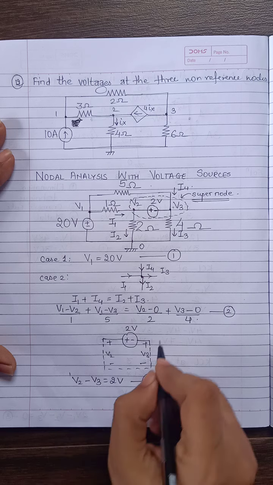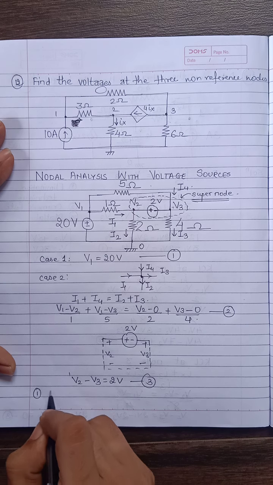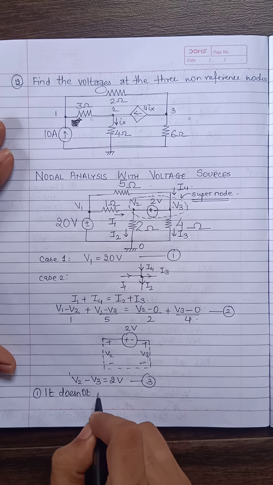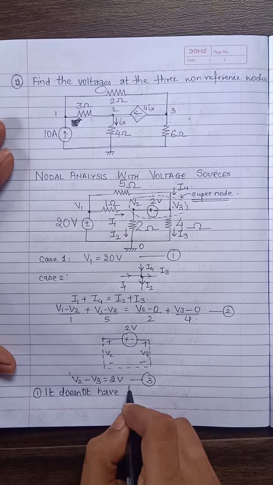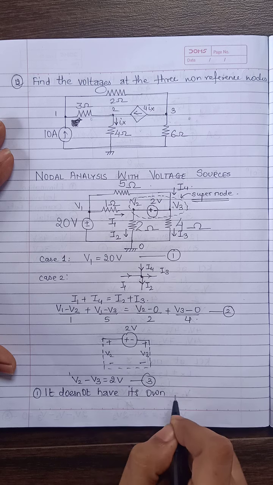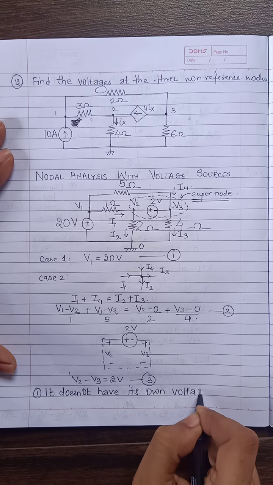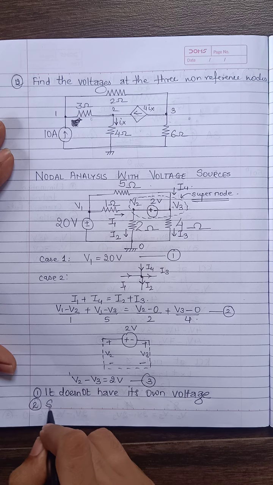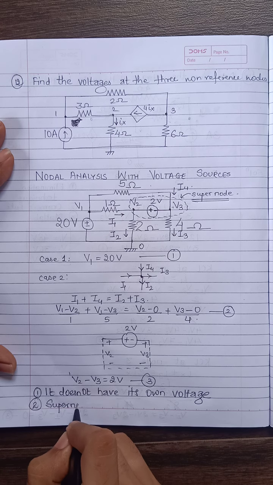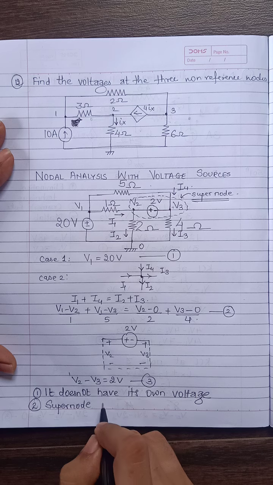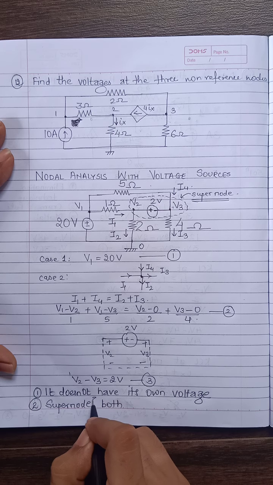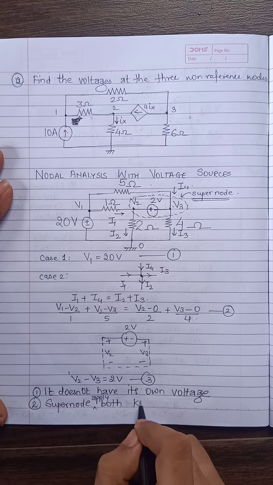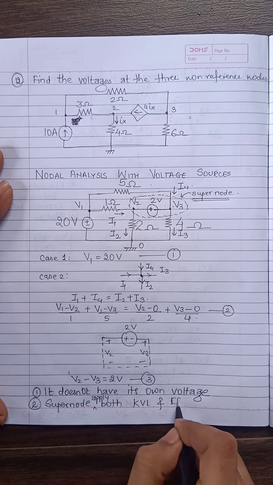Now there are certain properties of a supernode. It does not have its own voltage. Whenever you have a supernode, you need to apply both KVL and KCL.